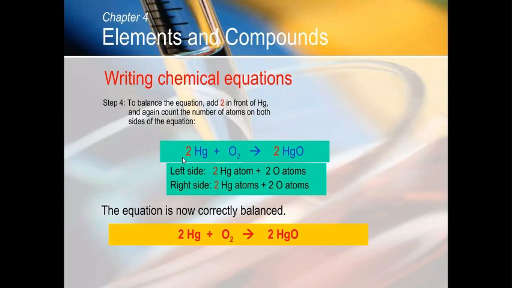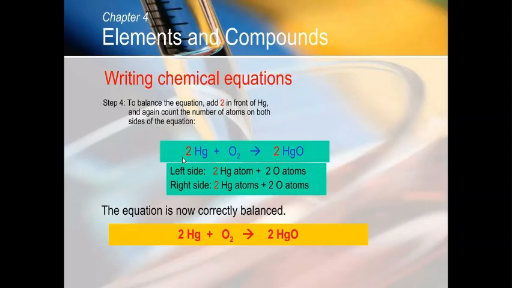Since we have two Hg atoms, we actually now have a balanced equation, because not only do we have two oxygen atoms on both sides, but we also have two Hg atoms on both sides. You could count the number of elements on both sides and you will see that it is correct.